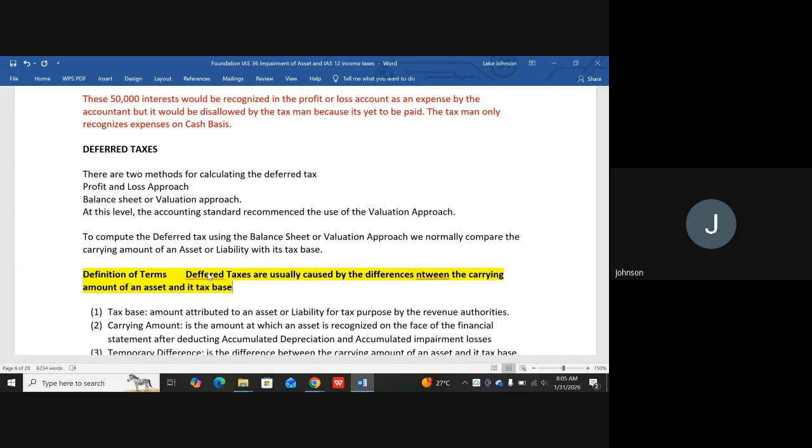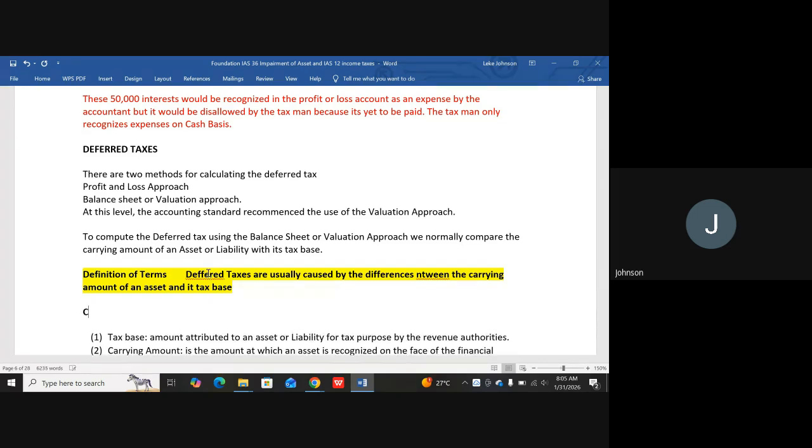Okay, so what is carrying amount? You already know carrying amount. Okay, so let me now put this one down.